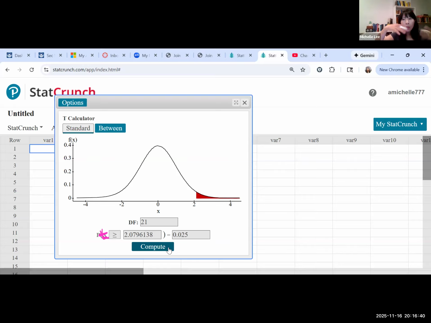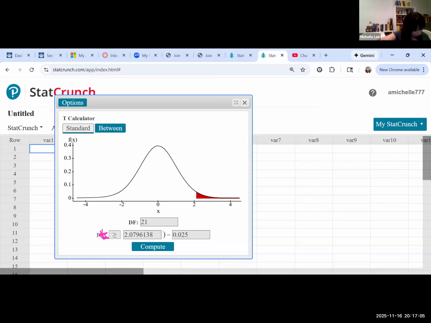Okay, the t-value is 2.079. Once again, t-value is the same idea as z-score. So sometimes 2 decimal places, sometimes 3 decimal places. All right. So let's see. Now this one, oh, we don't use 95%, right?